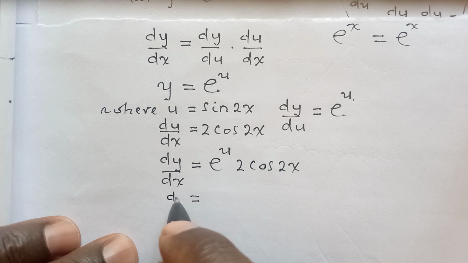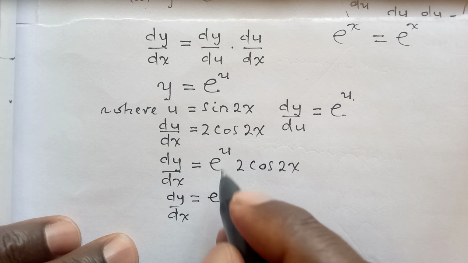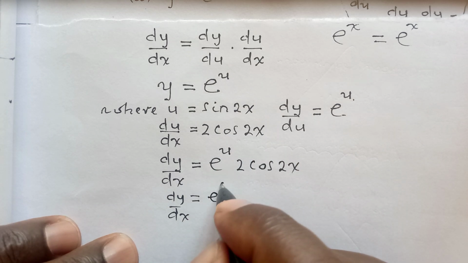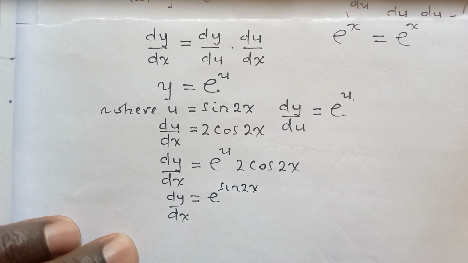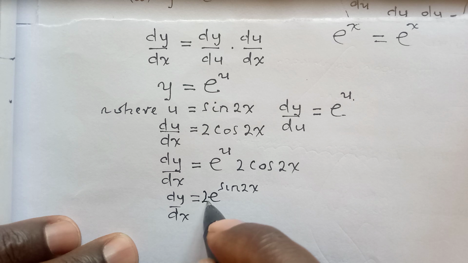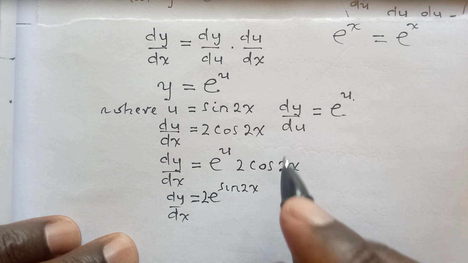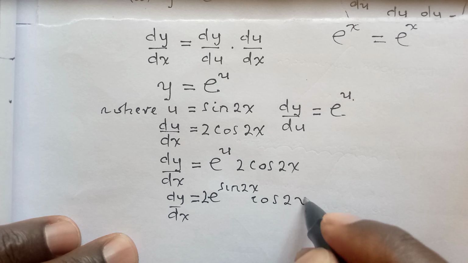So we can now replace for u. So you have dy dx will be e raised to u, which u is supposed to be sine 2x. And then you can put this 2 here. And then you put cos 2x.